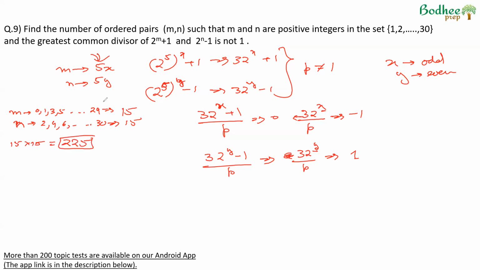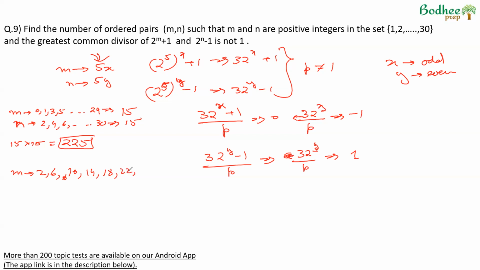But this is not the only case. There could be a possibility where m could take single powers of 2, which is 2, 6, 10, 14, 18, 22, 26, 30.